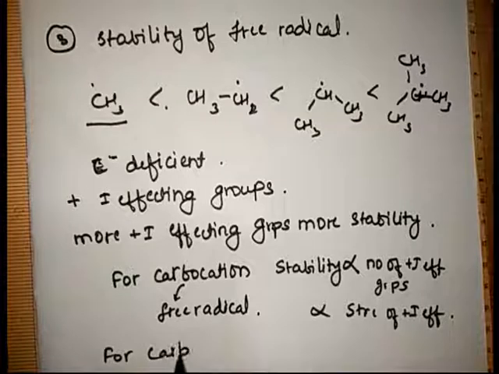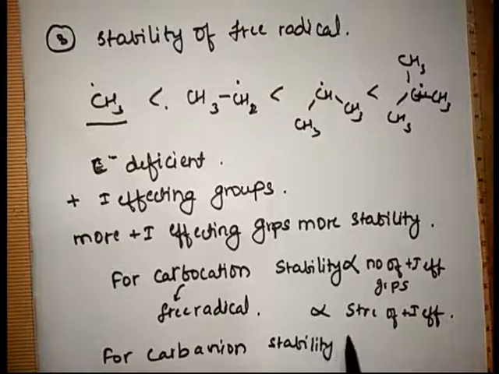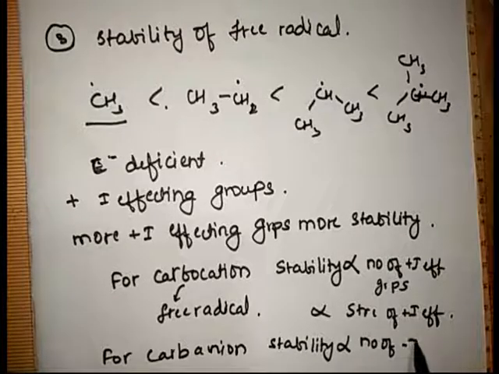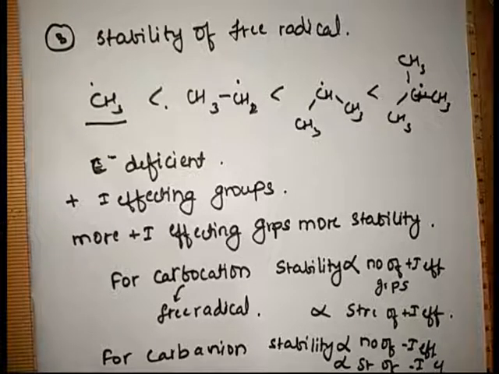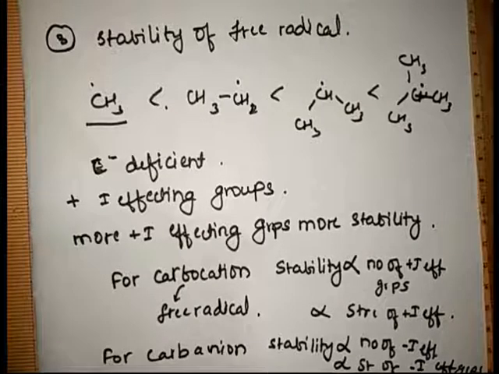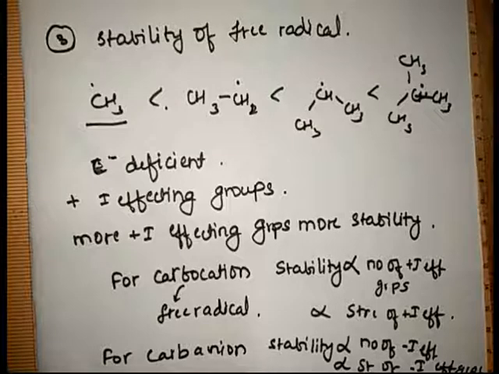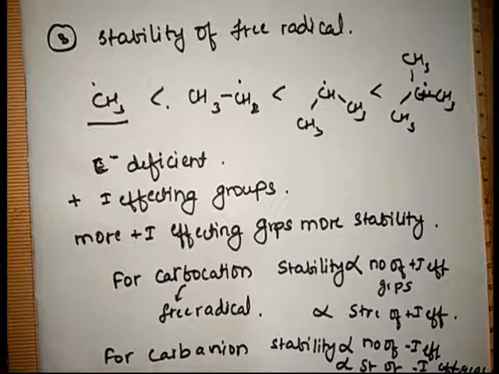For carbanion, stability is directly proportional to the number of minus I affecting groups and directly proportional to the strength of minus I affecting groups. So the questions will be: compare the stability of carbocation, carbanion, and carbon free radical. By comparing the number and strength of the plus I or minus I affecting groups respectively, we can put the carbon free radical, carbocation or carbanion in a particular order as per the question.